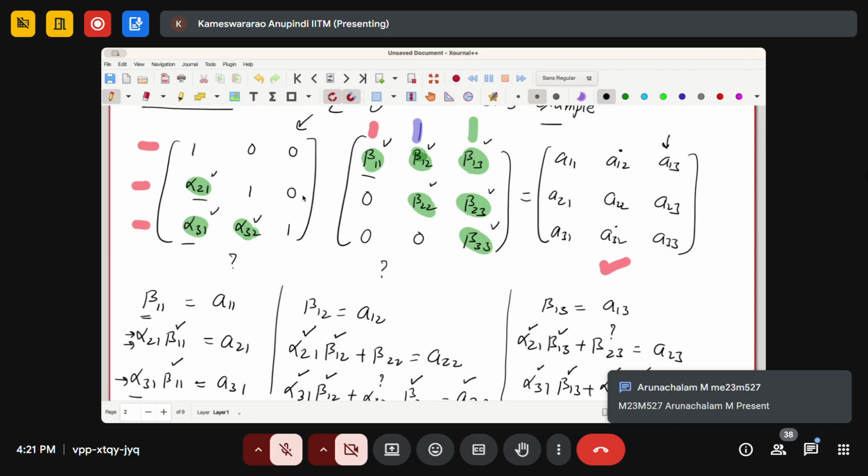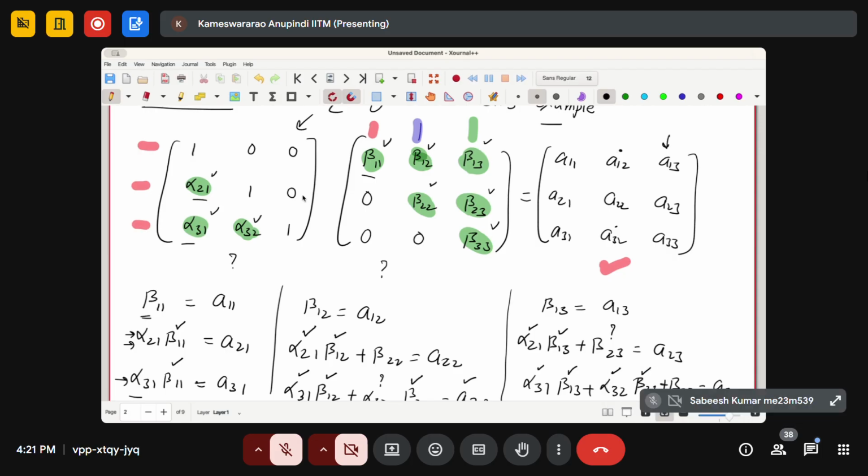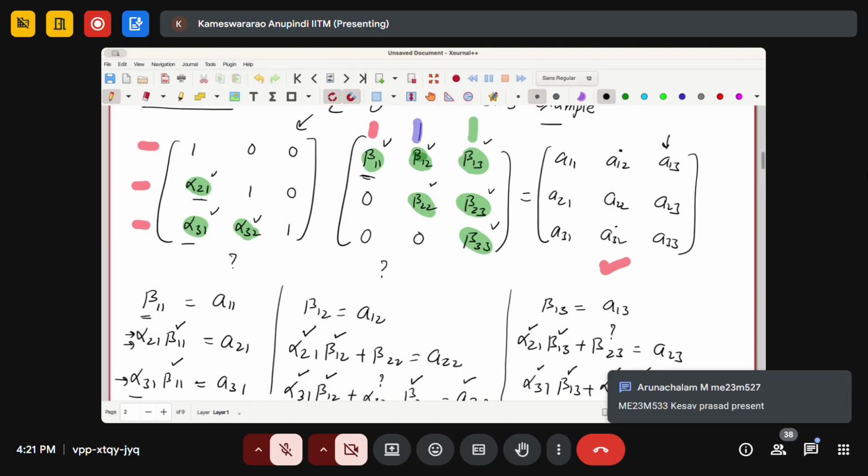But when i is less than j, I have beta values, right? If my j is 1, I only have beta 1,1. If my j is 2, I can go to beta 1,2 and beta 2,2. That means i will always be less than or equal to j to give me beta values, and i will always be greater than j till n to give me alpha values.